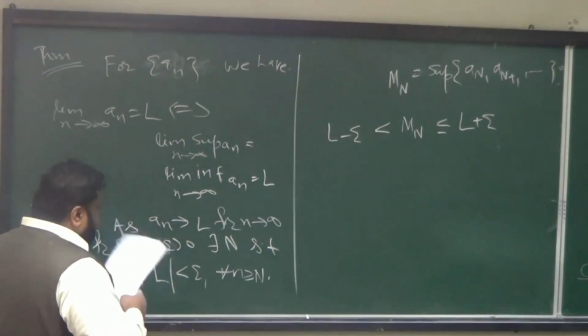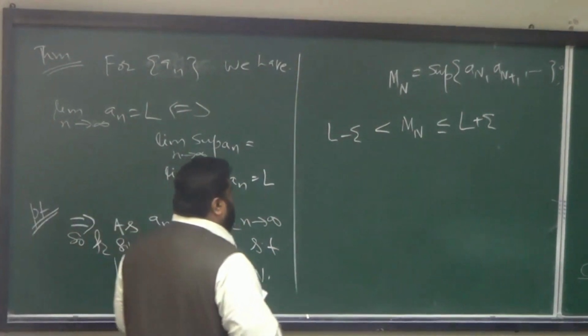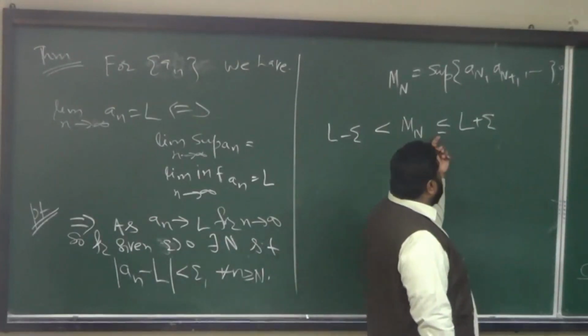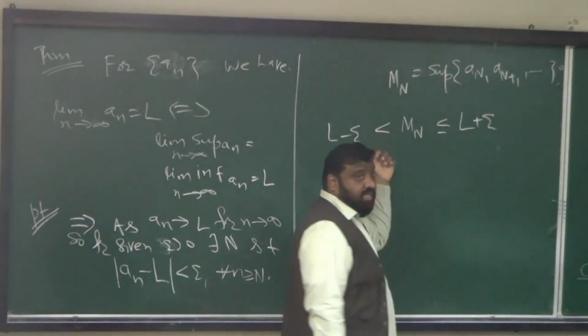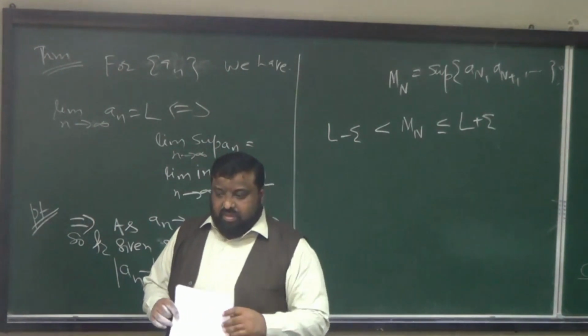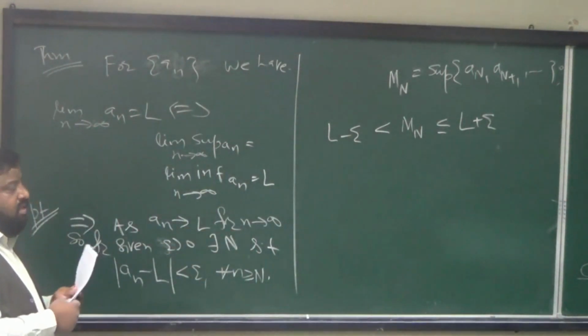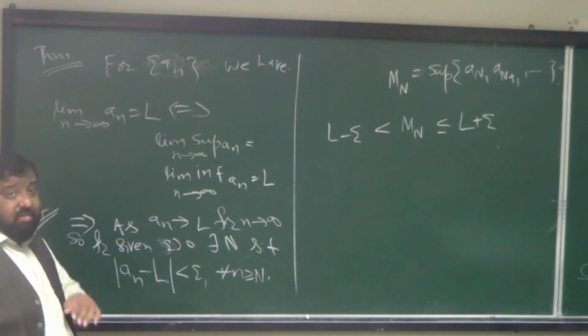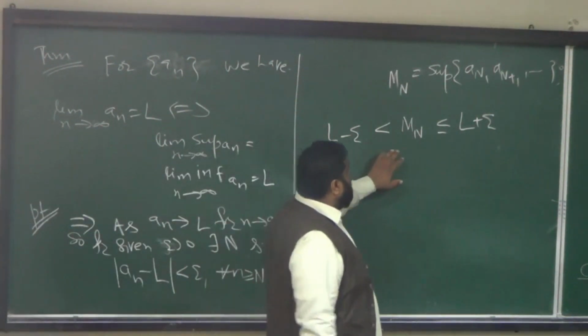But it's not necessary that it should be a particular number from a_n. Now you can ask why M_N can be L plus epsilon but not equal to L minus epsilon, why you have equality on one side and not the other. Just think about this point. What will be the trouble if M_N is equal to L minus epsilon?